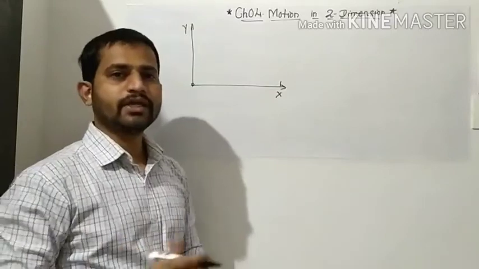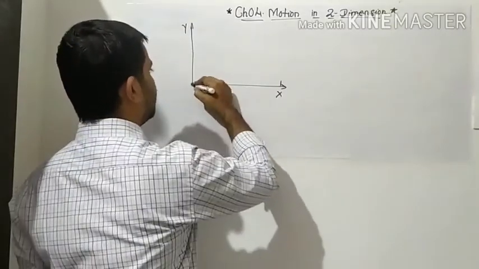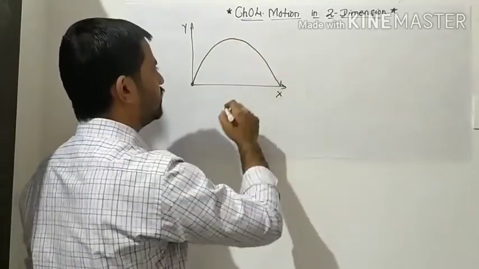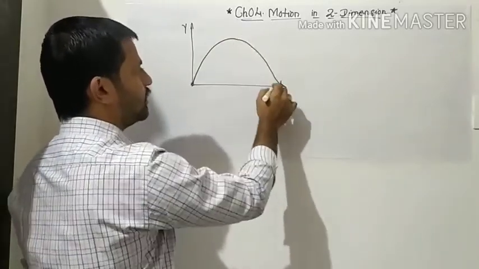So what is happening, you are throwing the ball, and when you throw a ball, the ball will reach this position, and from some position it will start dropping its height.